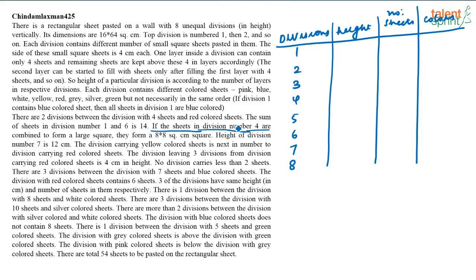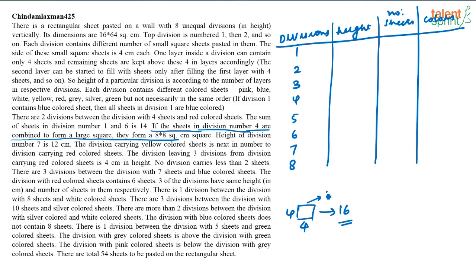If the sheets in division number 4 are combined to form a large square, they form an 8 cross 8 square. So if I have to form an 8 cross 8 square, how many sheets do I need? One sheet is 4 by 4, so the area of one sheet is 16. 8 by 8 means the area has to be 16 into 4.